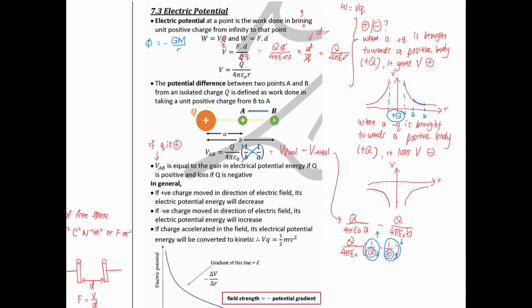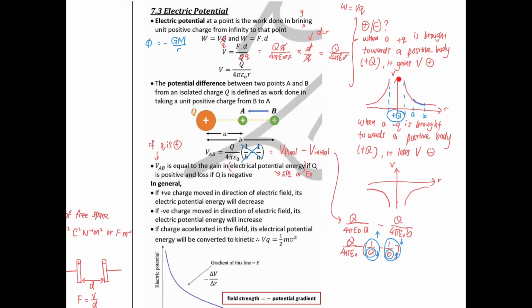Okay, so let's understand this first. Electric potential energy. The symbol that we use is EPE or EP, electric potential energy. So if the small q is positive and the capital Q is also positive, it's basically this situation.